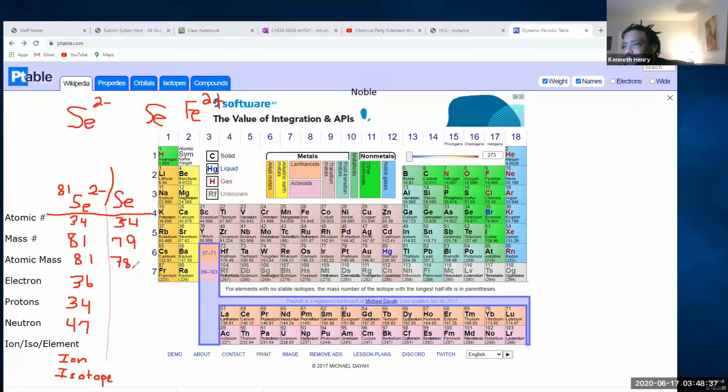Excellent. Electrons: 34. Protons: 34. Neutrons: 45. Piece of cake. Yes.